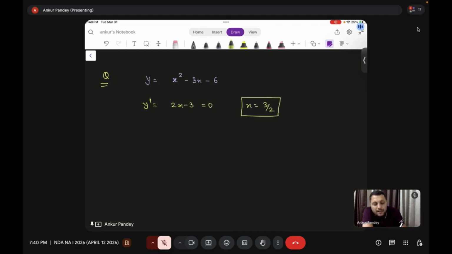Oh sir, we only have one critical point. It implies it will only have a minima or it will have a maxima. We do not know whether it will be minima or maxima. For checking that, yes, we have to do the double dash. Our answer is 2. Without even putting anything, y double dash is coming positive, which implies it is a case of what?